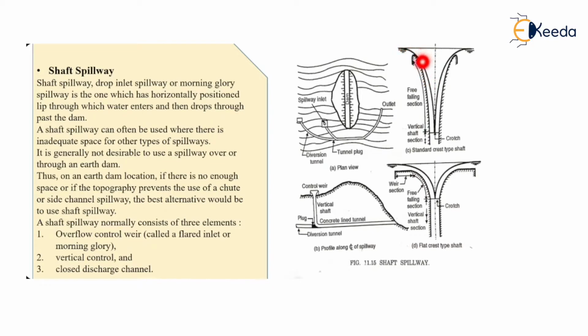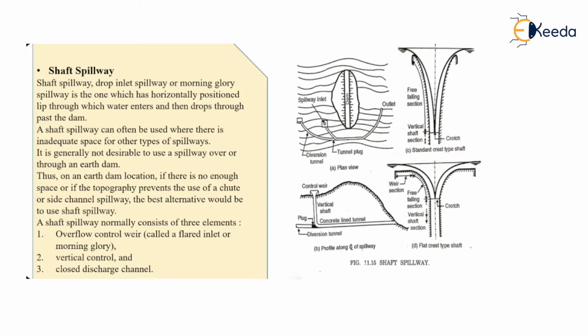It looks like a weir, or a small inlet, but it will be a wider inlet, so that through this wider section, the excess amount of water will pass through this shaft, and then it will travel to the tunnel section.